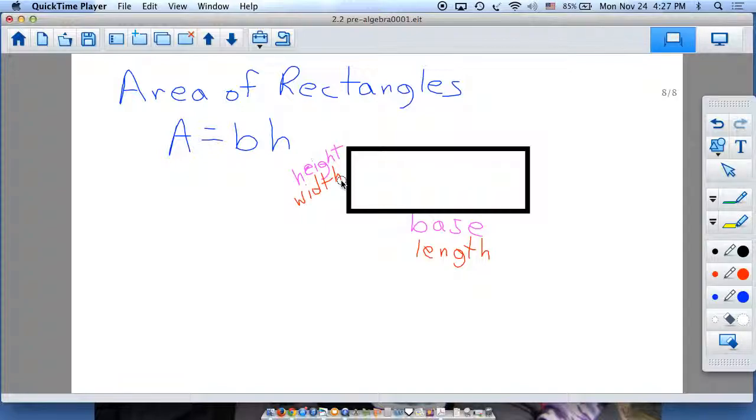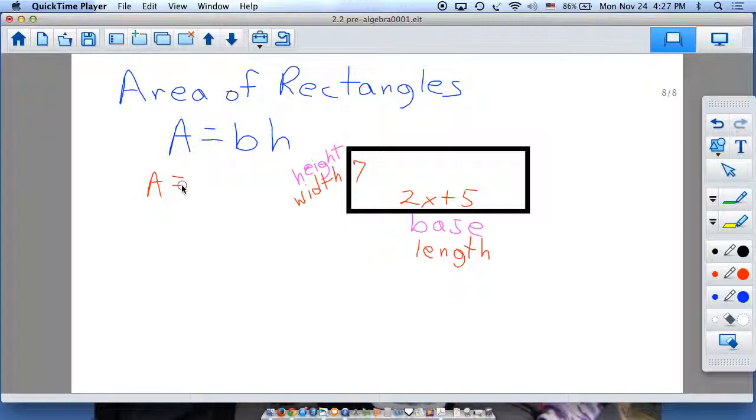So if I was multiplying, okay, and I gave us a base or a length of 2x plus 5, and I gave us a width or a height of 7, we could set up an equation to multiply these together.